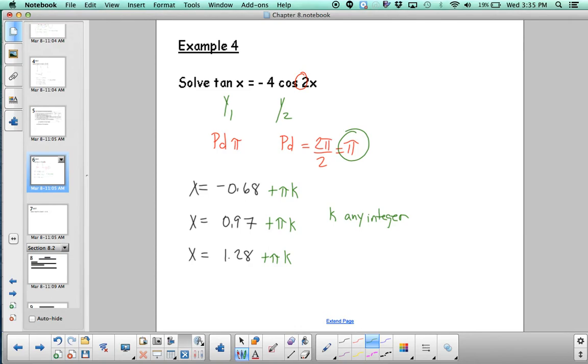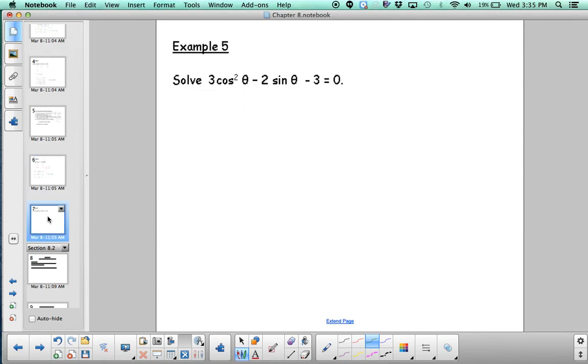Okay, and one last equation. This one, again, you've got a cosine squared, so be careful about how you enter this one into your calculator. Do it as we did last time. What I would do is probably enter this one in as y1 and this in as y2 and find the intersections again.